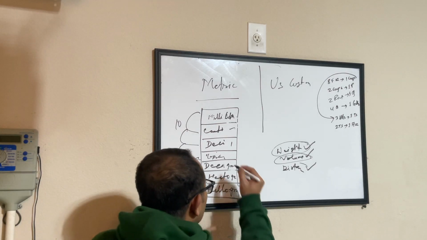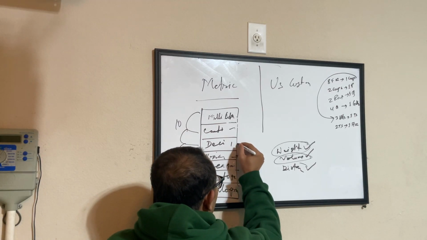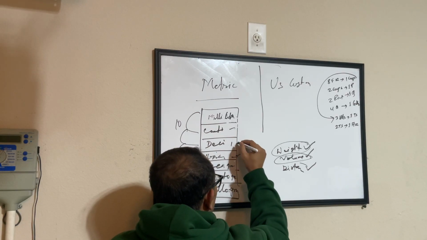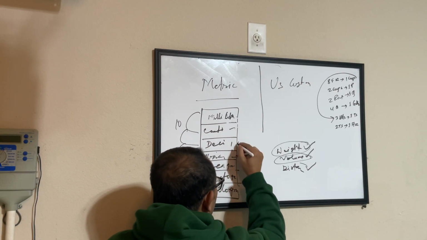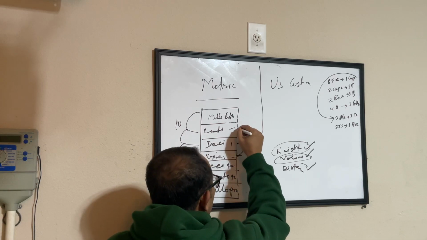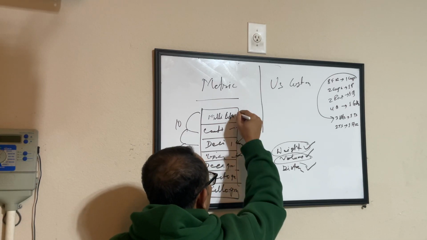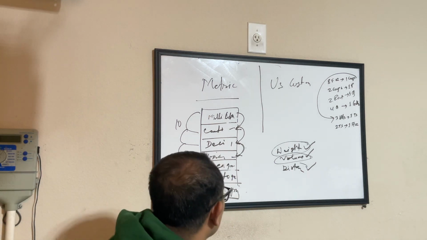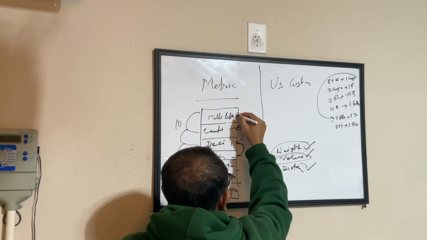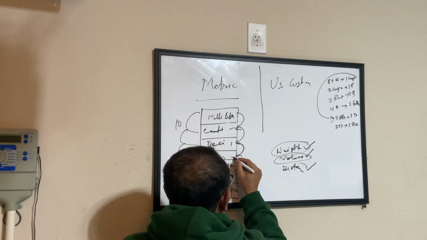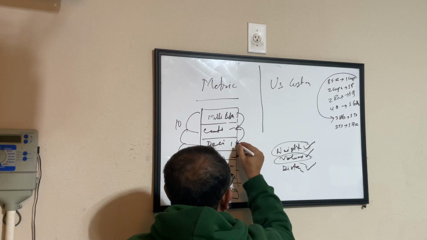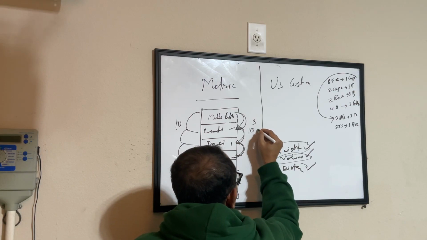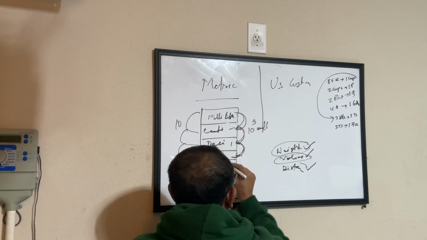So if you're talking about gram, 10 decigrams make 1 gram. 10 centigrams make 1 decigram. 10 milligrams make 1 centigram. So if you ask how many milligrams I have in a gram, it is 10 times 10 times 10, so 10 to the power 3 milligrams make 1 gram.